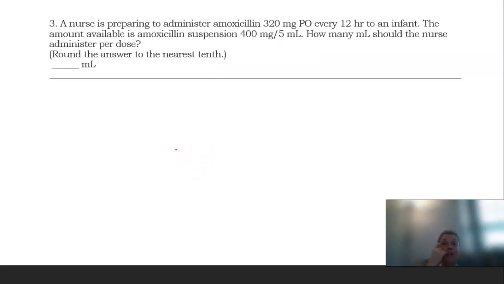A nurse is preparing to administer amoxicillin 320 every 12 hours to an infant. Every 12 hours, she's going in the room with 320 milligrams to give per dose. Okay? So I don't care that it's 2 times she's going in the room.